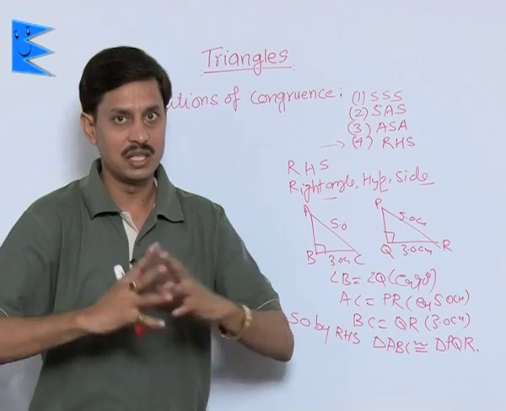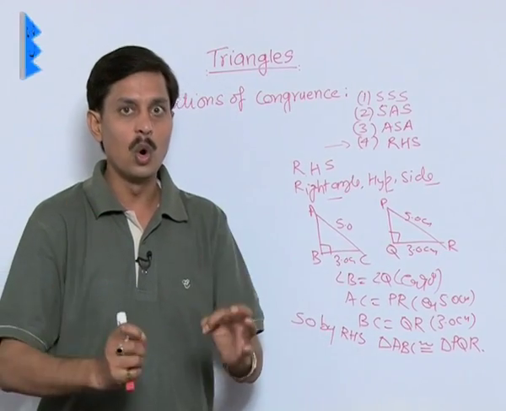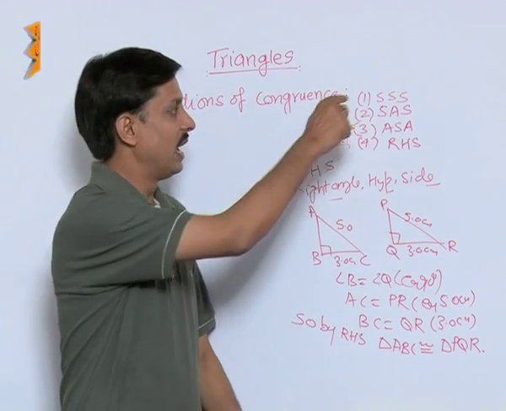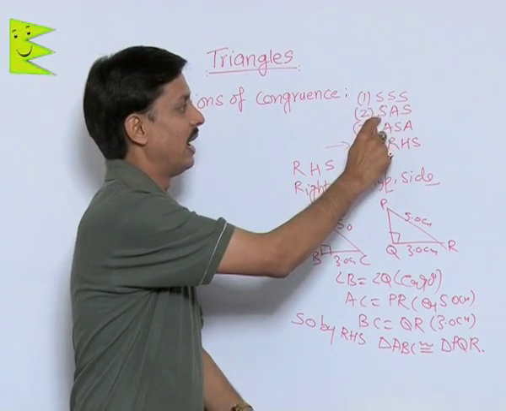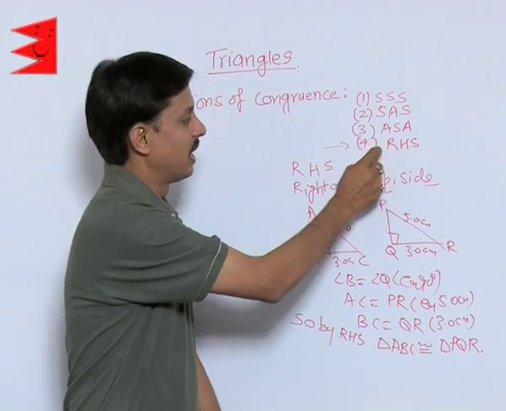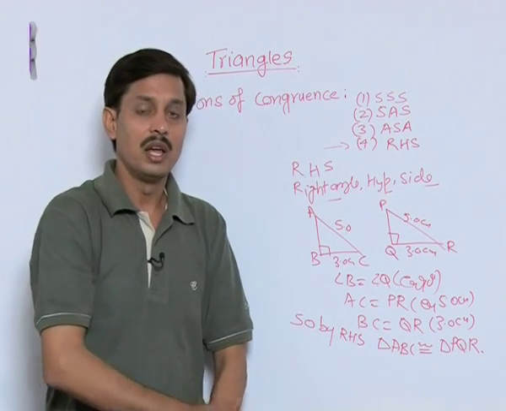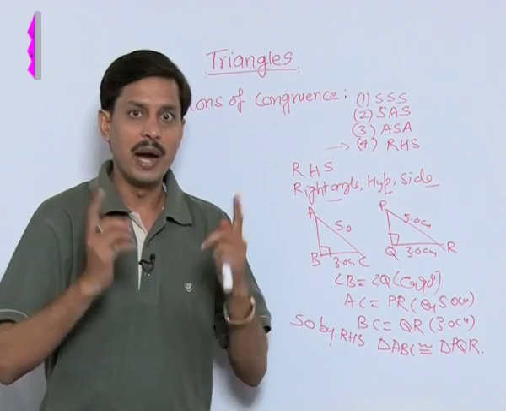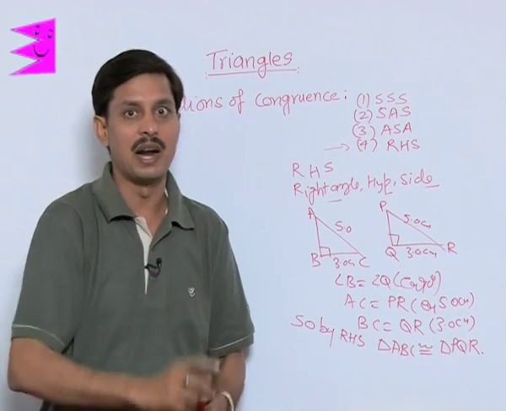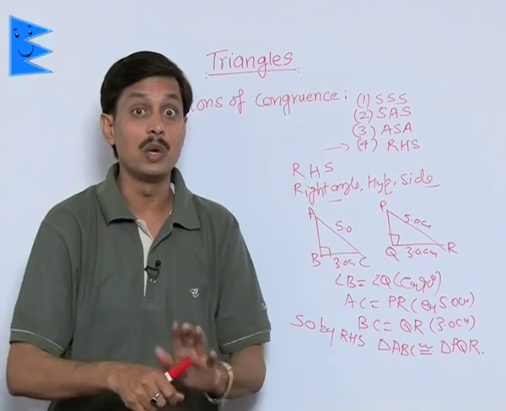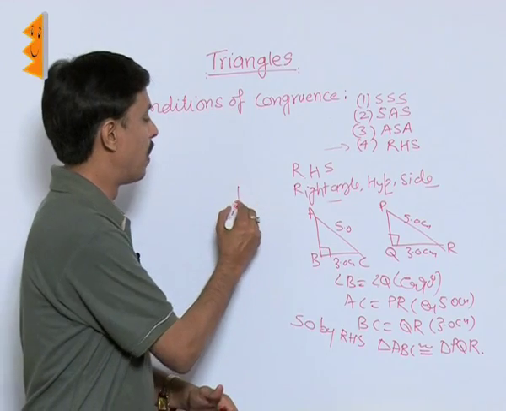If two triangles are congruent, you know I have 4 conditions of congruency: SSS, side side side, SAS, side angle side, ASA, angle side angle, RHS, right angle hypotenuse side. If two triangles are congruent by any of the conditions, by taking the help of three parts, then the remaining three parts are said to be equal, and we say by what?